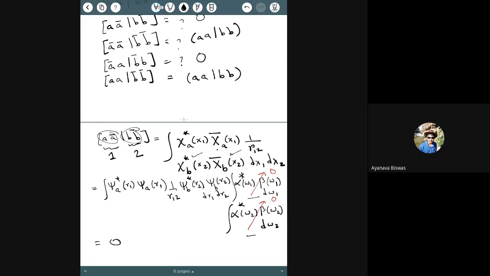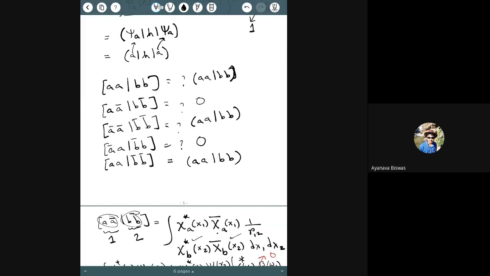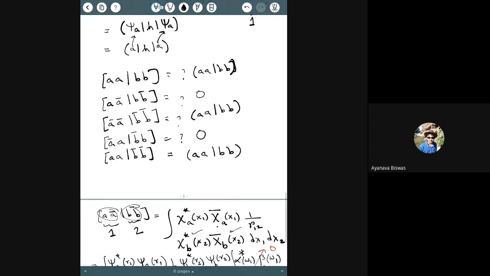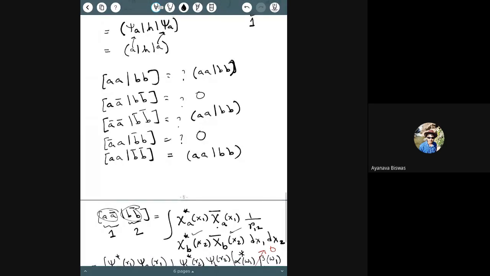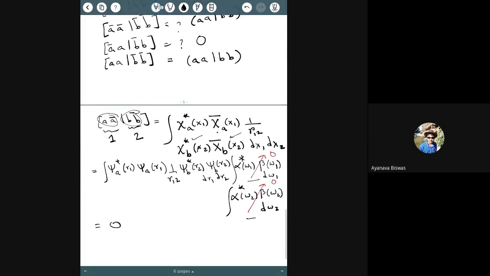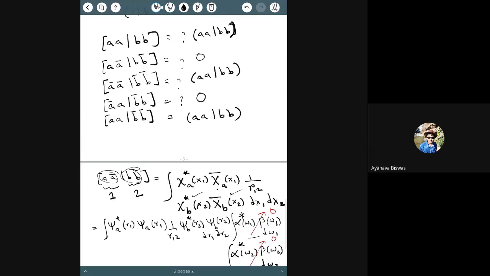So then you would have 1, 1 and you would get a non-zero integral. So this is the Coulomb integral, the various Coulomb integrals of spin orbitals in Mulliken notation. When we go over to spatial form, these are the various contributions.